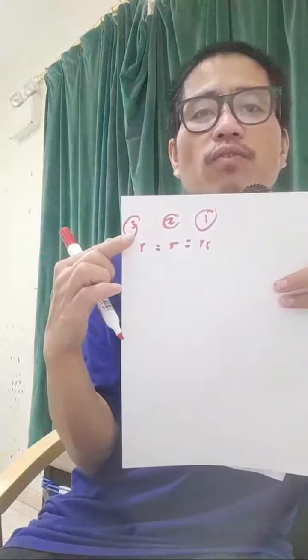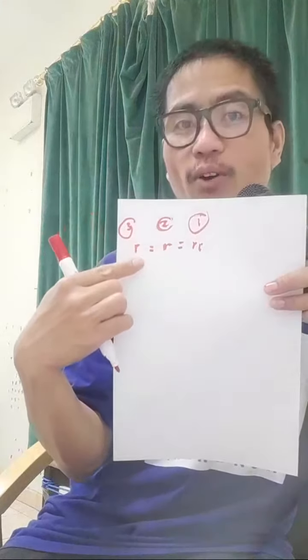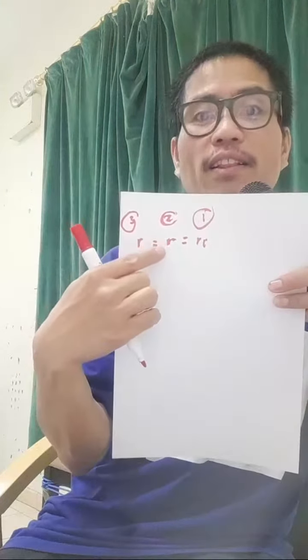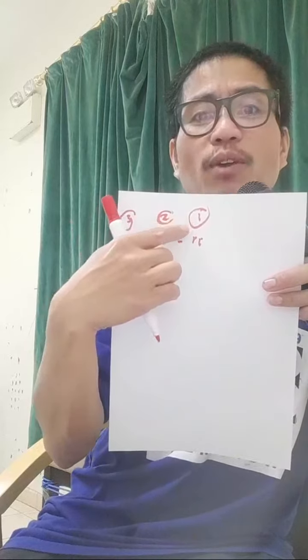So 2 is equal to R, like this. And then at point I is equal to R I. This is at point I. This is now our law of conservation of matter. At point 2, R, at point 3, R again. But anyhow, it's understood that there's a rate law specific formula for R. It doesn't matter. Okay? And then the I will be the R I.